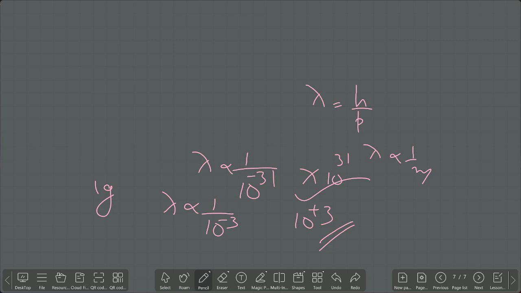You compare these two, which is huge. Electron is having high wavelength compared to what? A chalk piece or something which is having mass what? 1 gram. Are you able to understand? So from this you can very much clear that microscopic particle like electron is having very huge wavelength compared to macroscopic, because it is of inversely proportional to what?